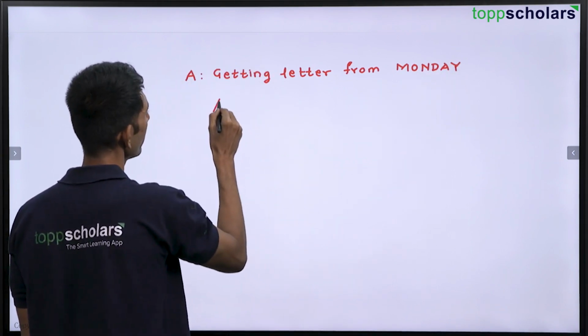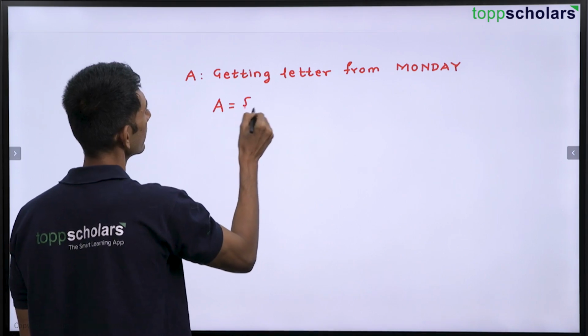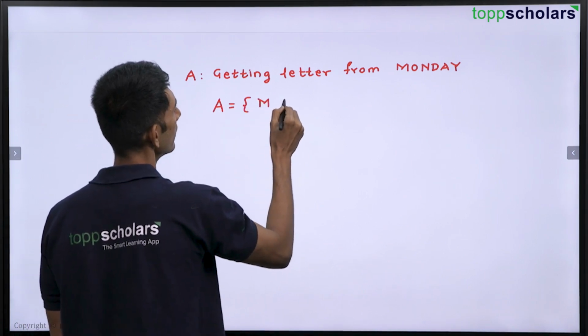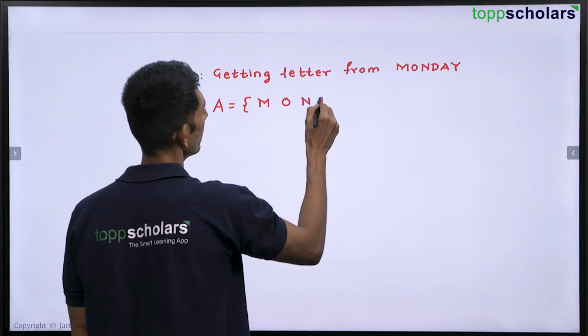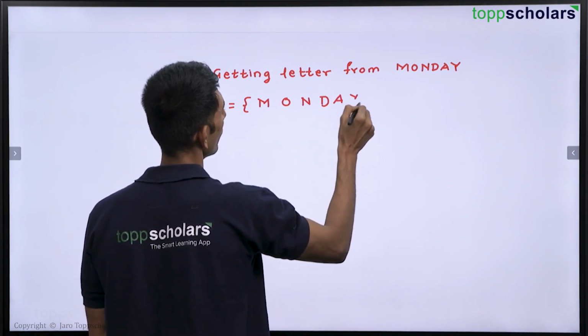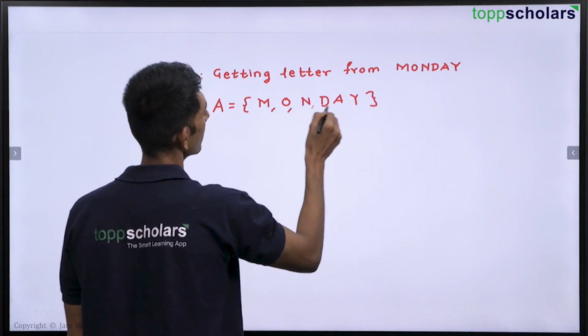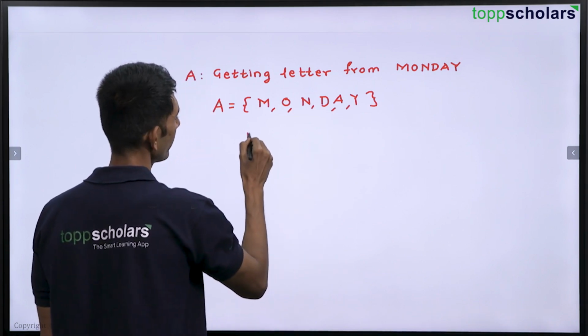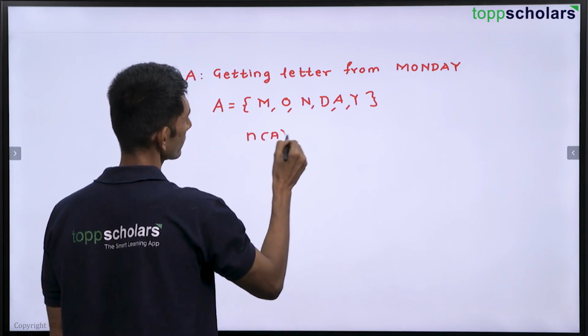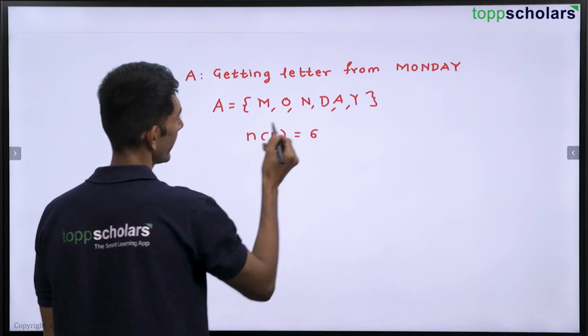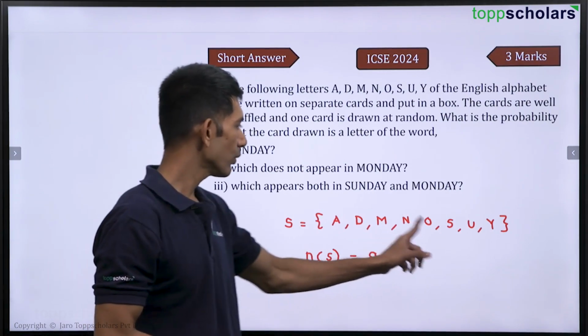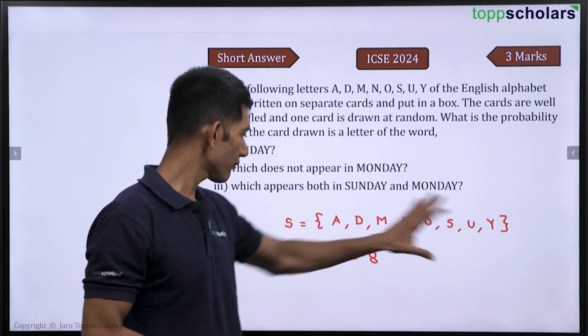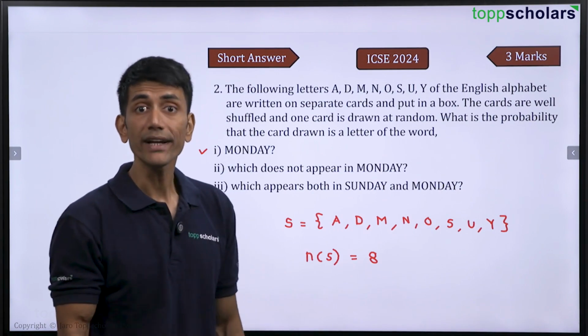So tell me one thing, in Monday how many letters are there? I have M, O, N, D, A, Y, right? Can I say n of A is 6? And can I say M, O, N, D, A, Y? All of them are here. So 6 out of 8, right?